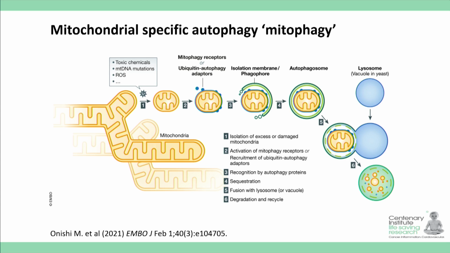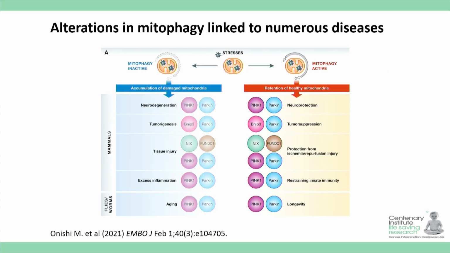This is the process of mitophagy, and there's a huge amount of interest in the factors that drive this initial part, and the key mechanistic machinery that will drive this process going forward. Importantly, mitophagy is linked to numerous chronic diseases.